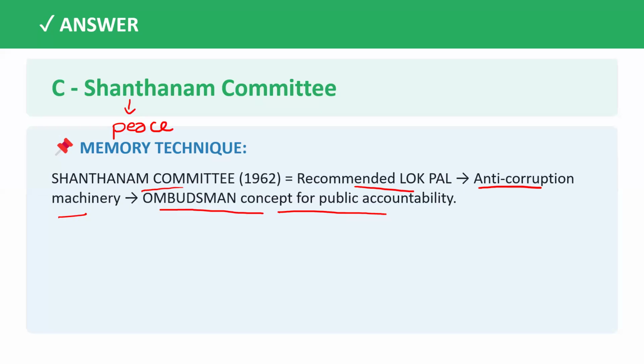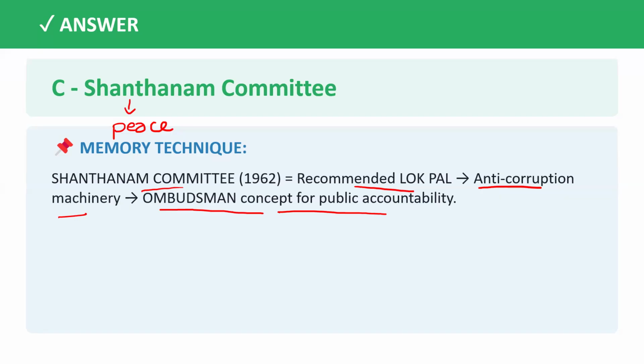So a peaceful person formed a committee to bring the Lokpal, which will act as anti-corruption machinery to bring peace from corruption. So the Santhanam Committee recommended the Lokpal.